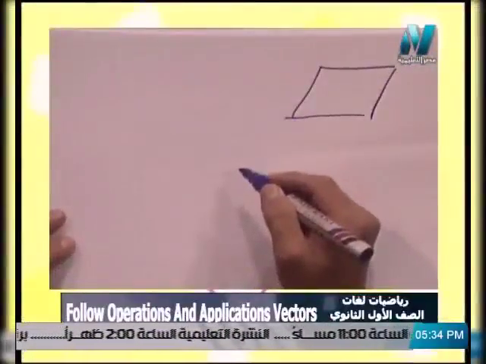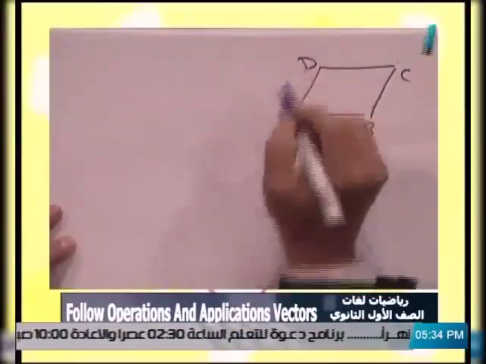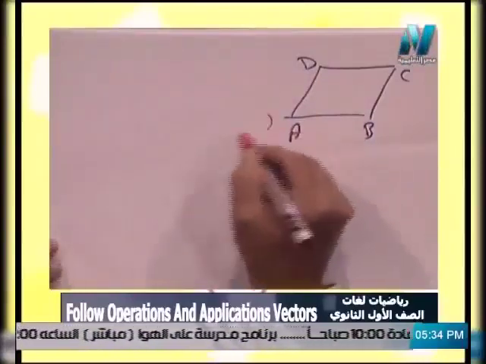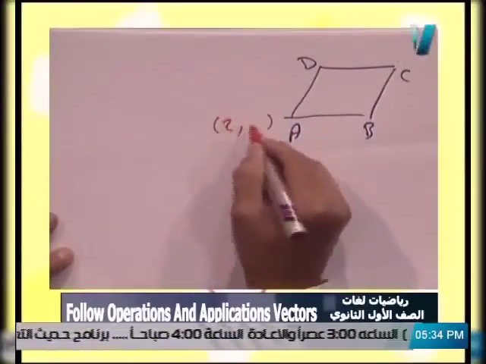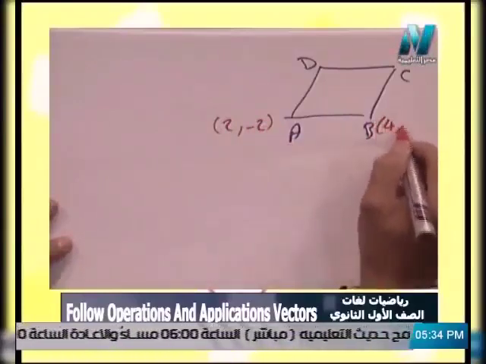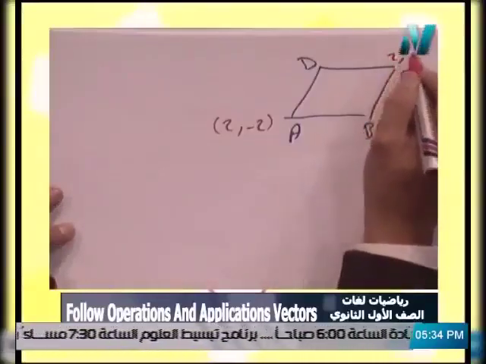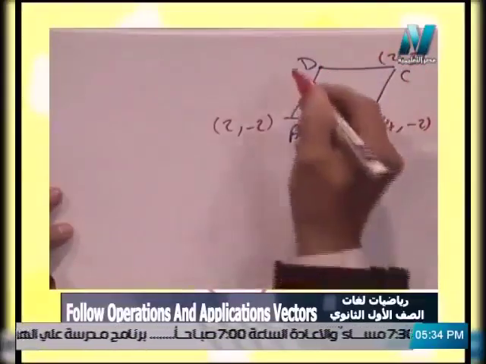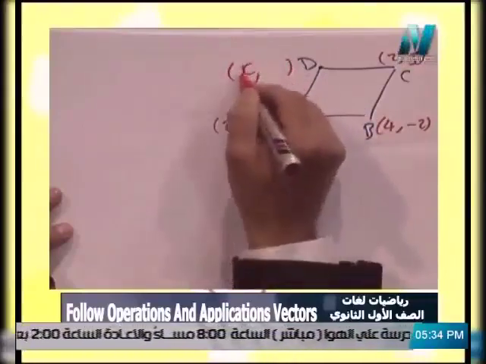If we have a parallelogram like this, A, B, C, D, and we have three points: A with coordinates (2, -2), B with coordinates (4, -2), C with coordinates (2, 3), and D has no coordinates, and the request is to find the coordinates of D, which is (X, Y).